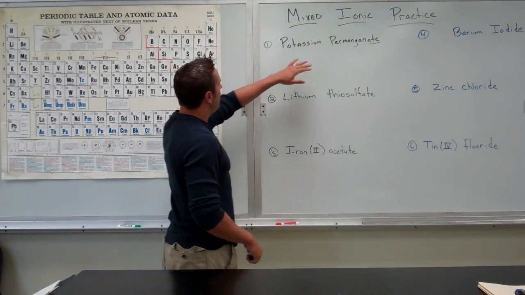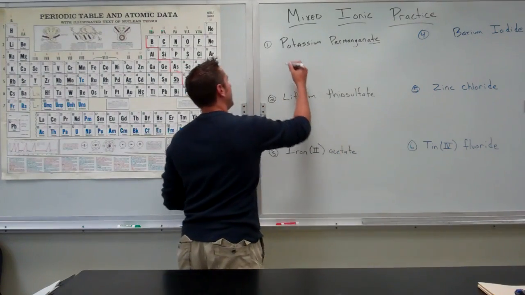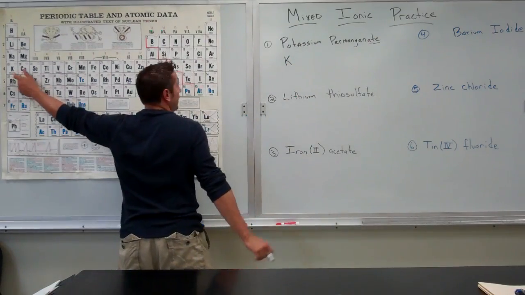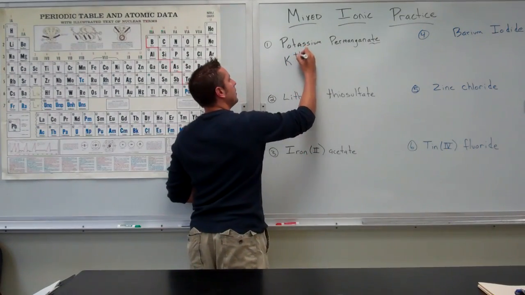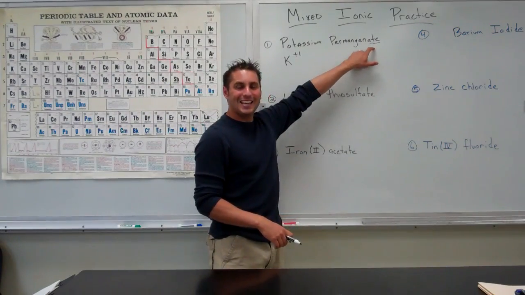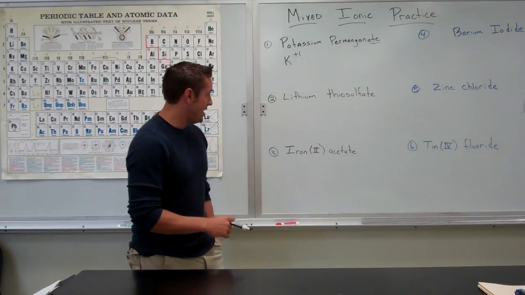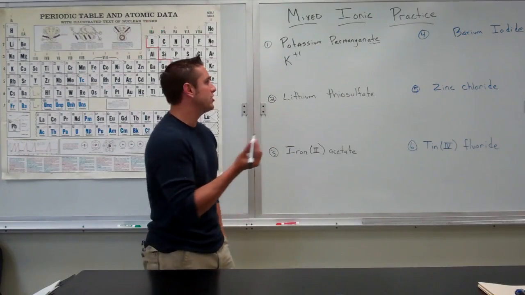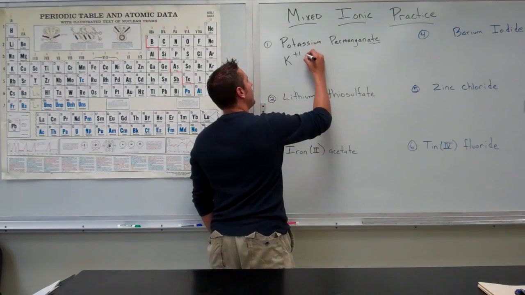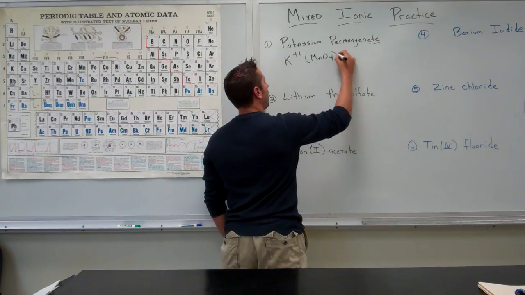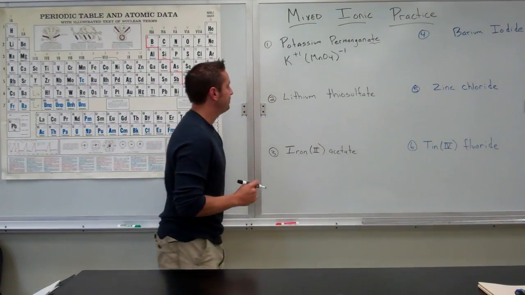So if we take a look, potassium symbol is K. It is in group 1, so it gets a +1 charge. Permanganate ends in ATE, right? And all the ATE enders are polyions, so you have to know what they are. And permanganate is MnO4 minus 1.